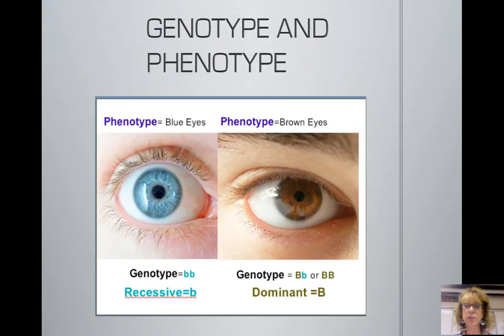Genotype is the genes that are present in a particular organism or cell, and we use the letters for dominant and recessive to indicate the genotype. Phenotype is the physical and or physiological traits of an organism. It can be considered the characteristic that is expressed by the genes.